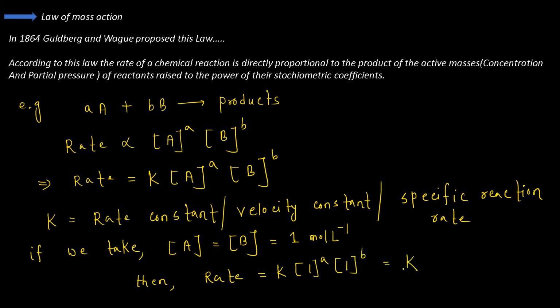That means K. So the rate of a chemical reaction at unit concentration of reactants is called rate constant.